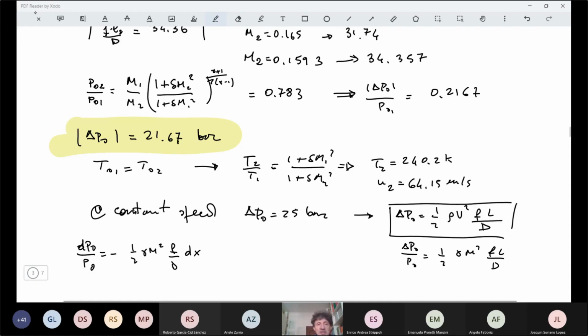So if this is constant, you obtain this relation, and if you replace M squared with u squared over a squared, which is gamma p over rho, you have the same relation. So these become identical.